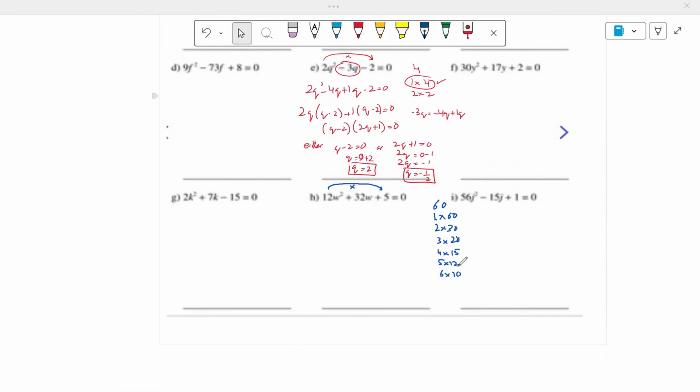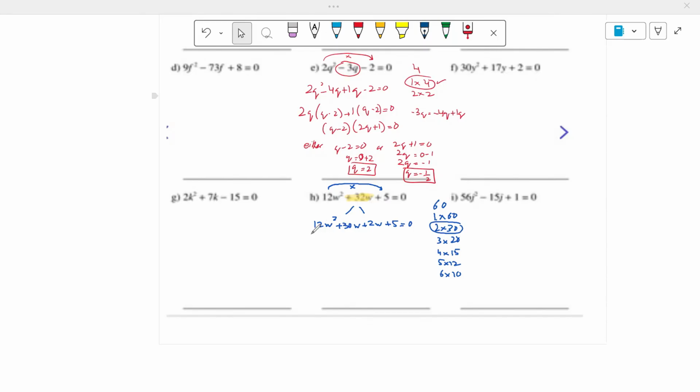Okay, we are done with the paired factors. Our middle term here is 32w. So we can break it into 12w squared plus 30w plus 2w plus 5 equal to 0.